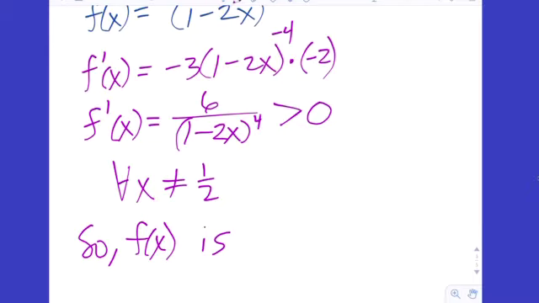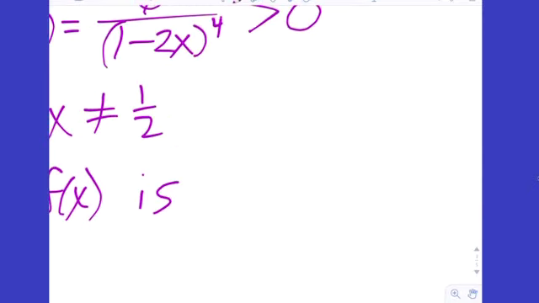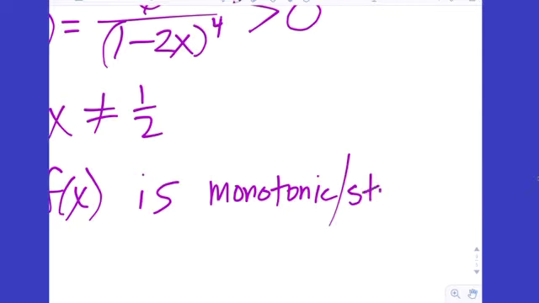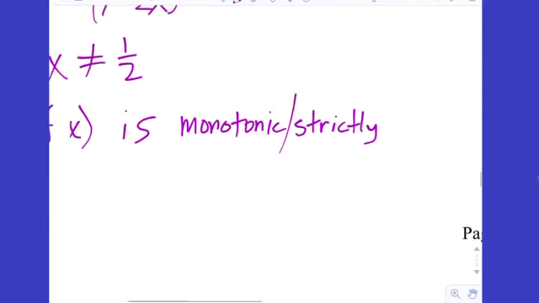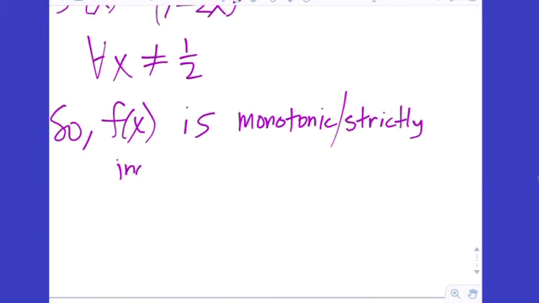What is the graph doing from left to right if its slopes are always positive? Increasing. And when something is only increasing or only decreasing on an interval, we say it is monotonic, or the other word, I heard it as well, strictly. They're used interchangeably. f is monotonic or strictly increasing over its domain.